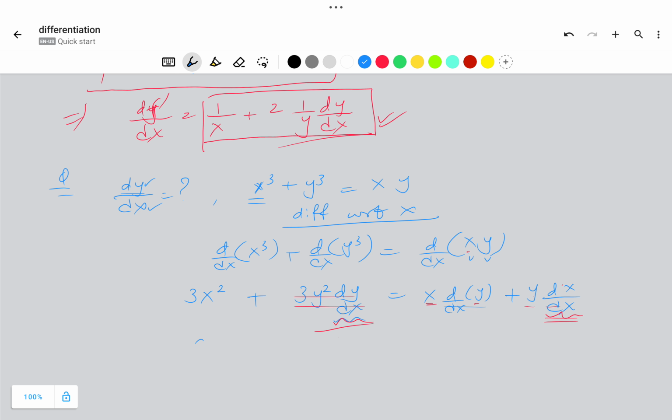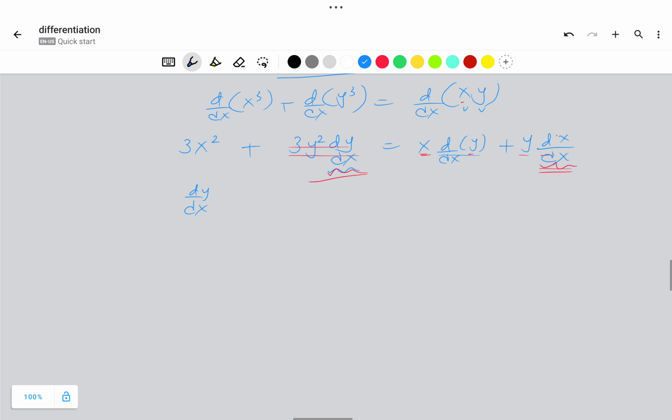So dy by dx times 3y square minus x equals y minus 3x square. So dy by dx would be y minus 3x square upon 3y square minus x.